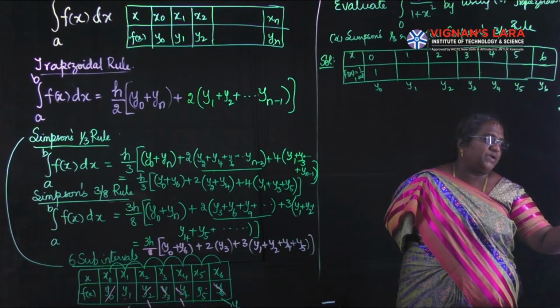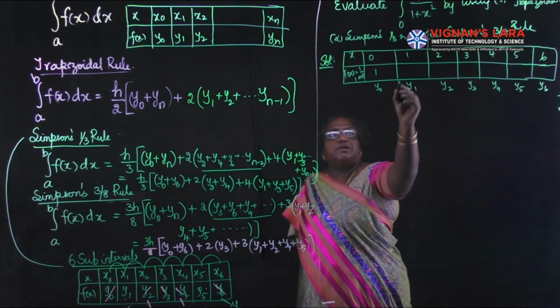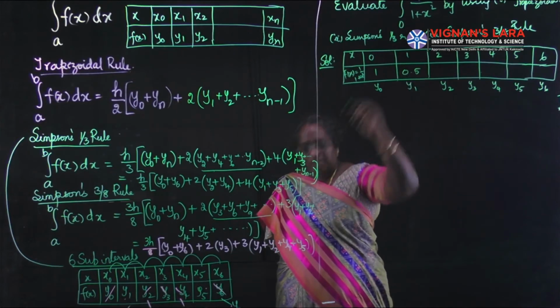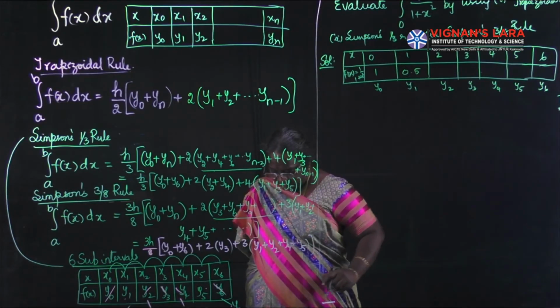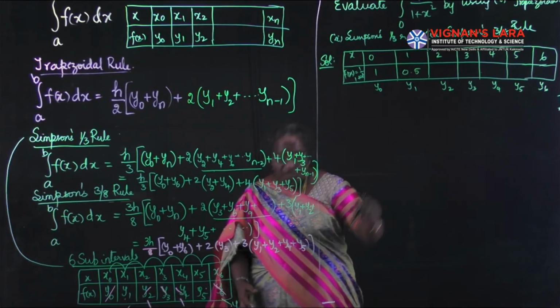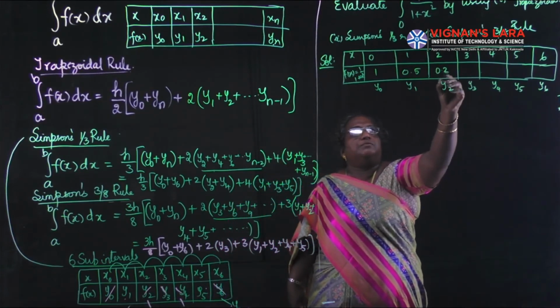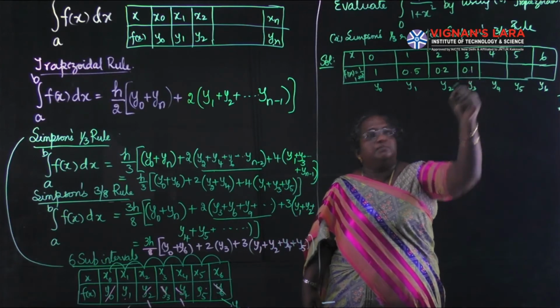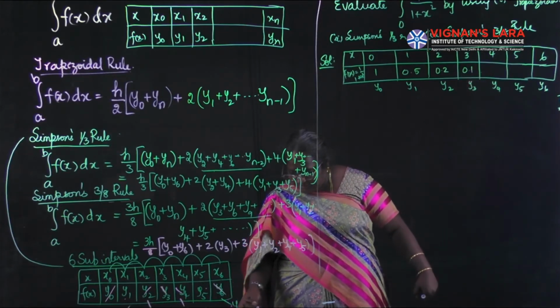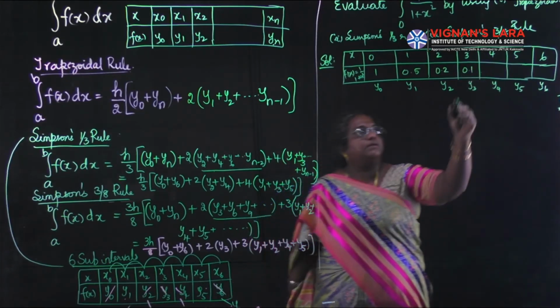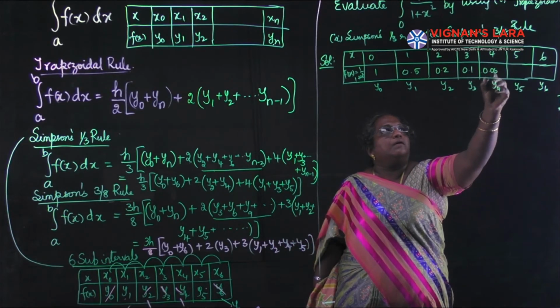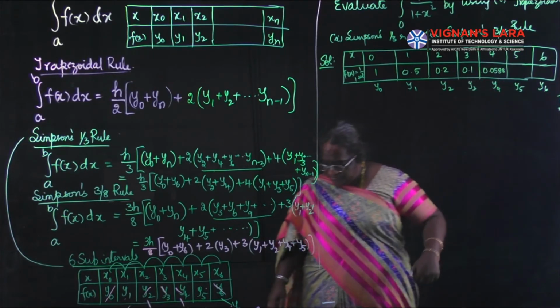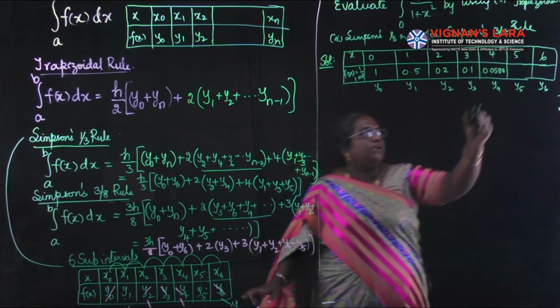So it is 1 by 2, it is 0.5. Next, similarly if you calculate, you will get 0.2. Next you will get 0.1. Next you will get 0.0588. For 5 you have 0.0385.